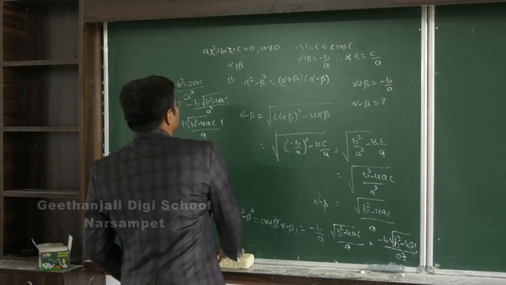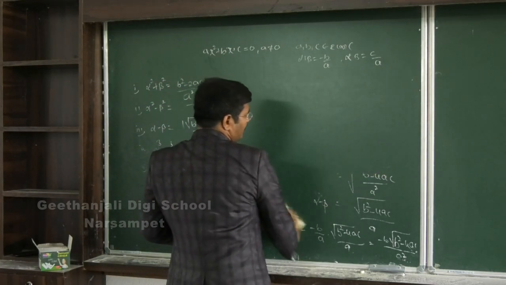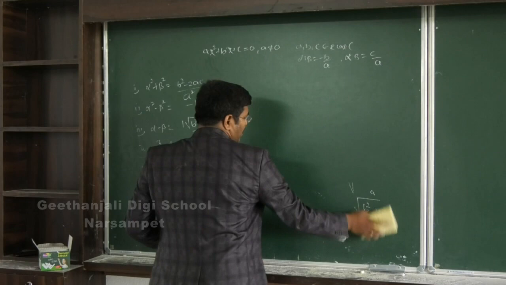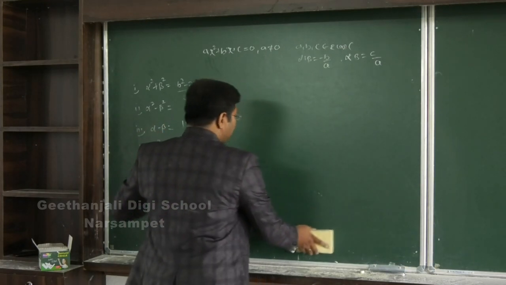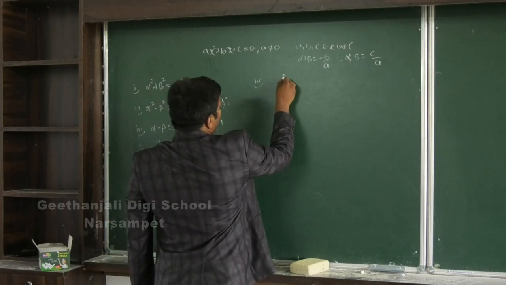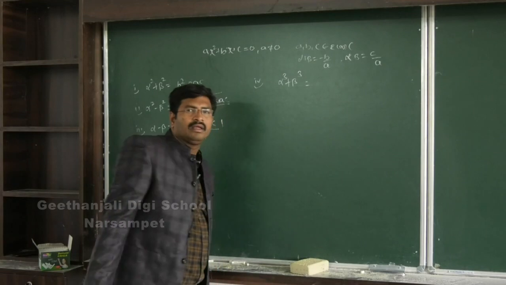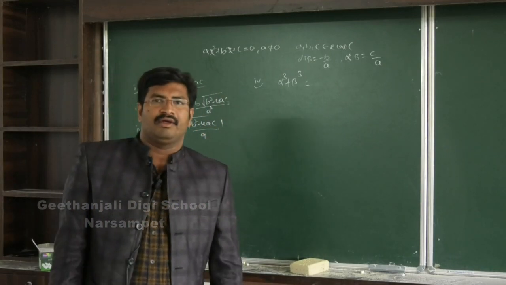In the same way, we will see alpha cube plus beta cube, alpha cube minus beta cube, 1 by alpha plus 1 by beta. I will see the fourth one, alpha cube plus beta cube.